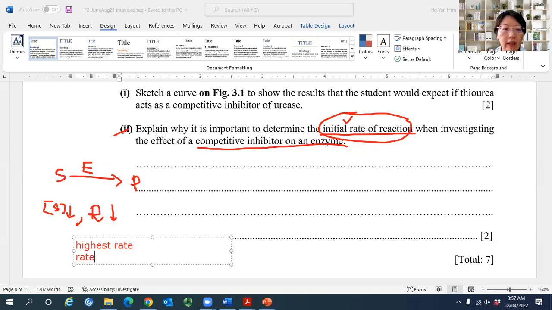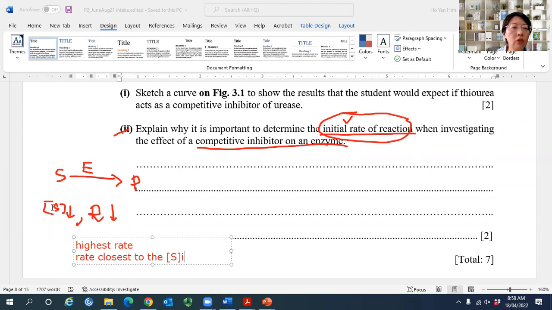And this is the rate that is closest to the initial substrate concentration that you have reported in your materials and method. Therefore, you have to measure the initial rate. Once the reaction starts, the substrate is going to convert to product and its concentration is going to drop.